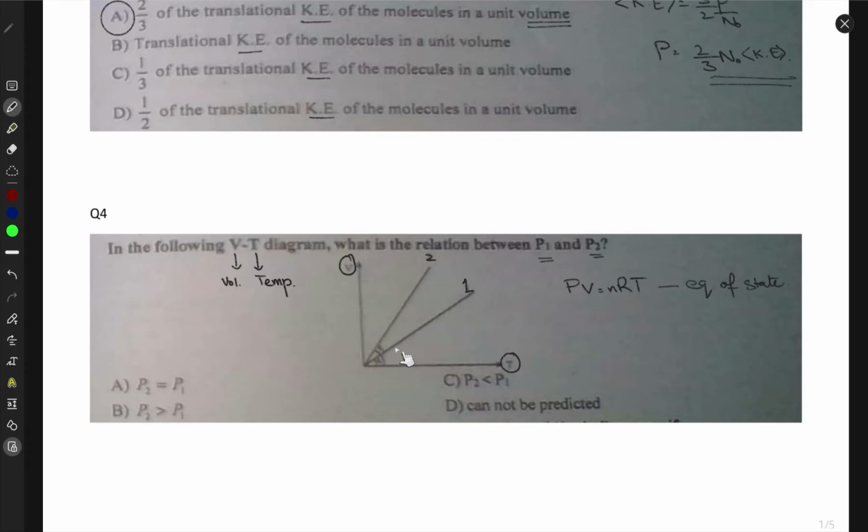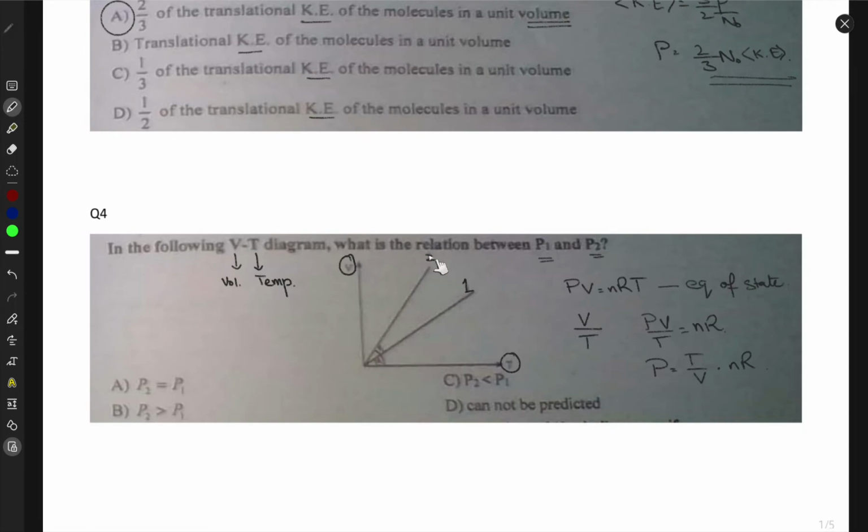I can find a relation for these lines as these lines are slopes, so we need something of the form V over T. If I take T over here, then I have PV over T is equal to nR. This means that pressure can be written as T over V times nR, which is the inverse of this slope, V over T.